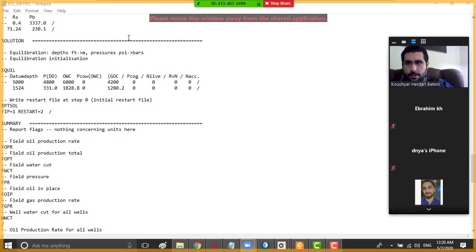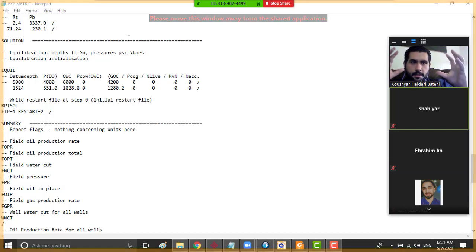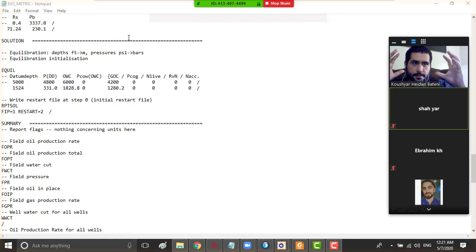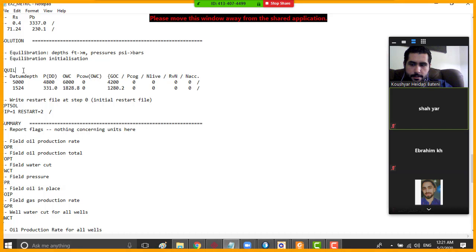And in the prop section, you gave the simulator some reservoir rock and fluid properties, right? Now in the solution section, you have to make a link between these rock and fluid properties and the geometrical properties. And the keyword that does that for you is this equilibrium keyword.